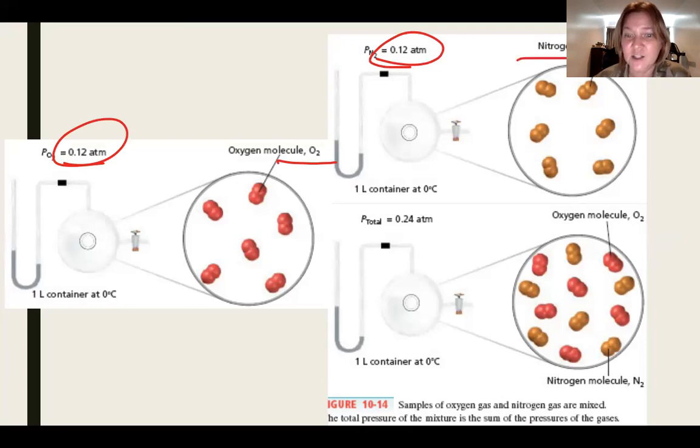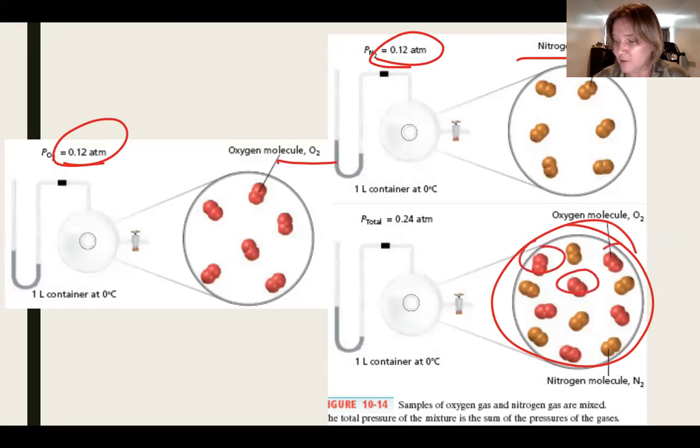When we mix the two, we just add the pressure from each of those molecules. So even if you take all of the oxygen molecules out of here, then the pressure that's left is the pressure from nitrogen when it's by itself, 0.12. So nitrogen by itself exerts just as much pressure as it does when it's mixed with another gas.